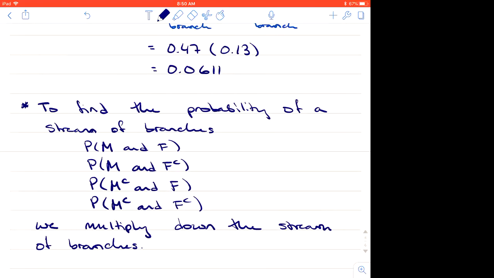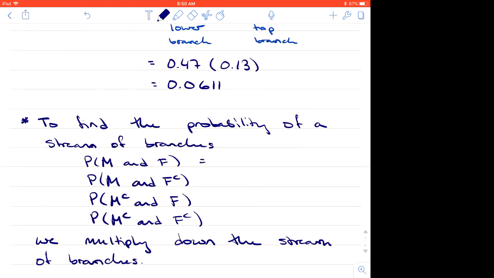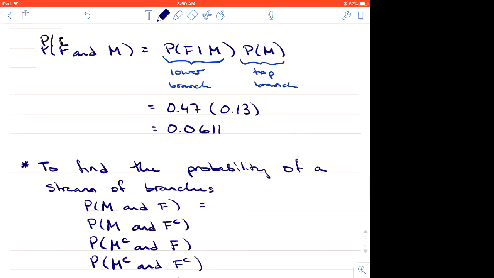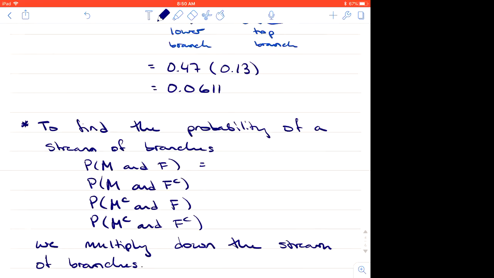Okay. So looking at the probability of M and F, that is 0.13 times 0.47.